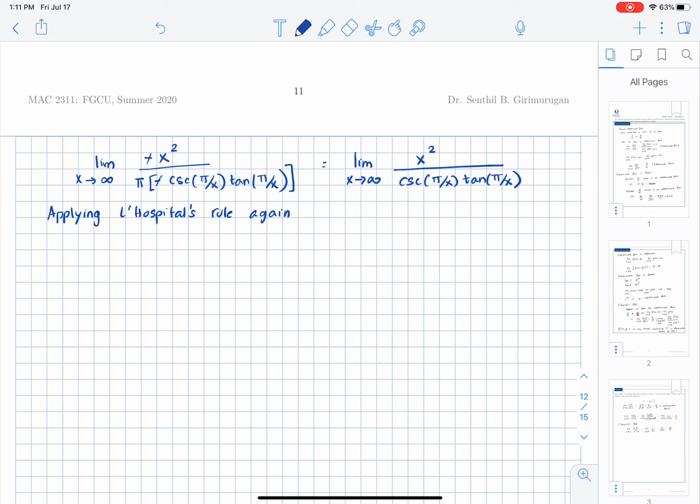So the derivative of the numerator is straightforward, which is 2x.